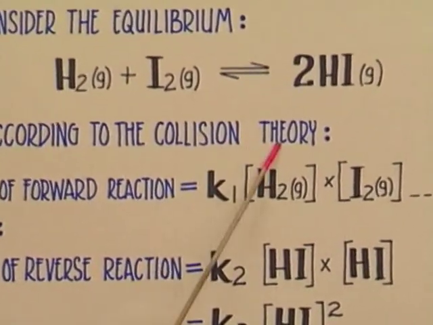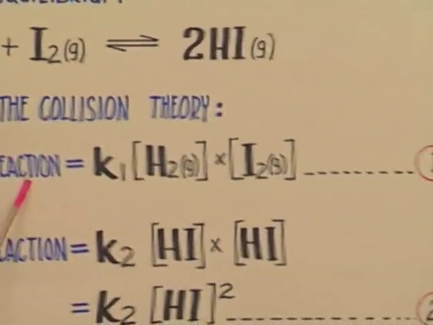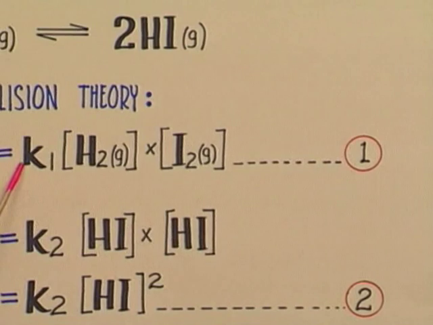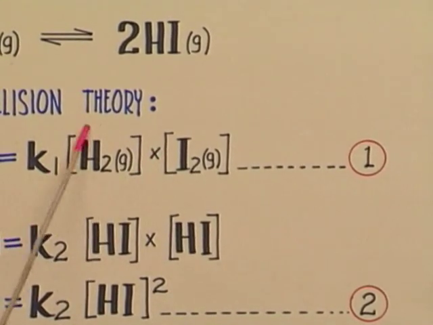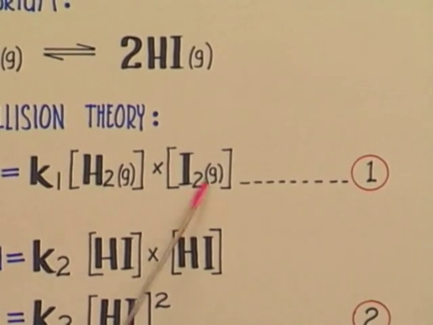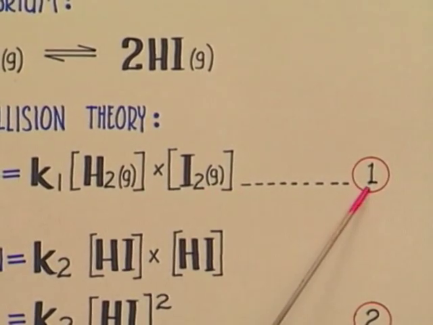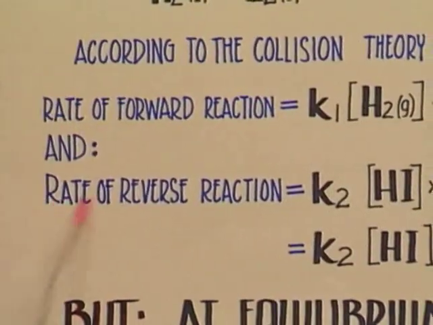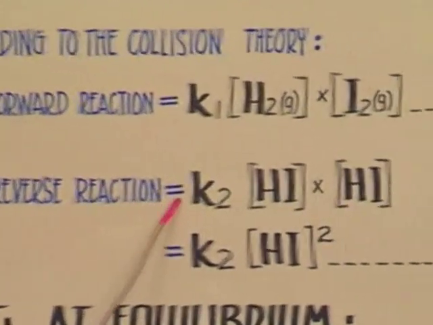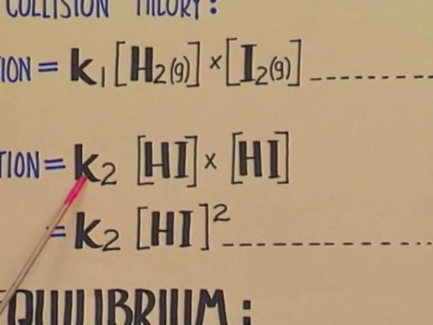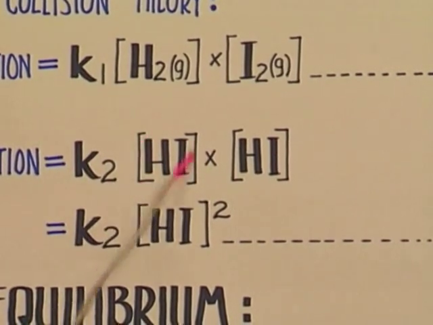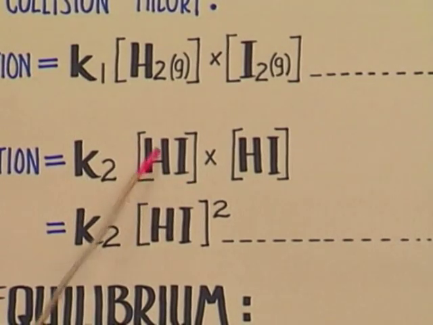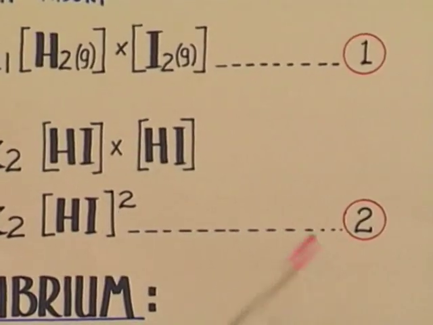According to the collision theory, the rate of the forward reaction is equal to the specific rate constant for the forward reaction times the product of the concentrations of the reactants to give us equation 1. And the rate of the reverse reaction is equal to the specific rate constant for the reverse reaction times the product of the concentrations of the products, which means the concentration of hydrogen iodide is squared, giving equation 2.